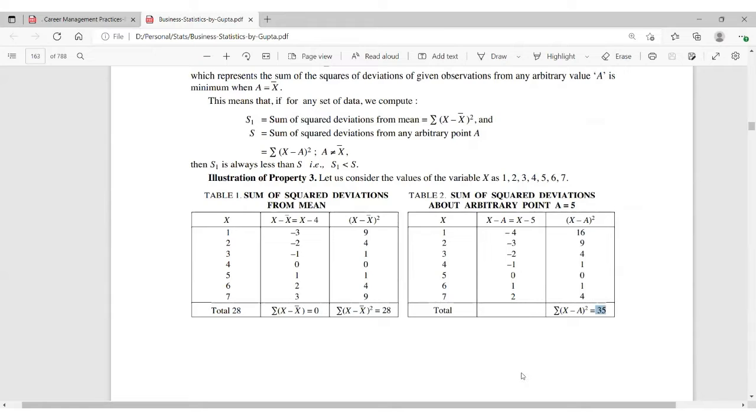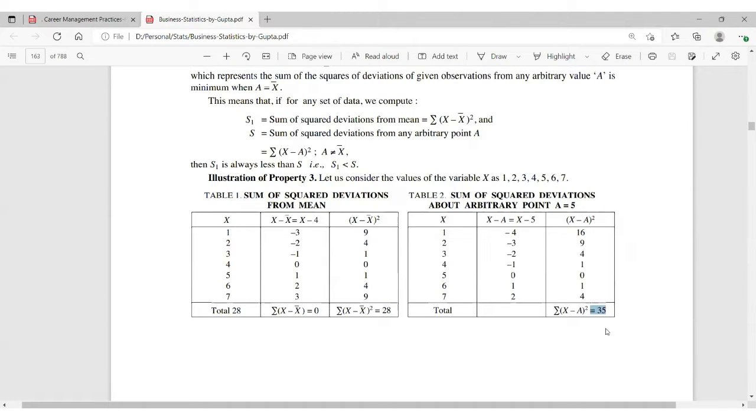These properties say that when we find the sum of squared deviations from the mean, it always comes to be a minimum. That means this is the squared deviation from the mean. The total is 28. If we take any other number other than this mean, the total comes to be more than this.